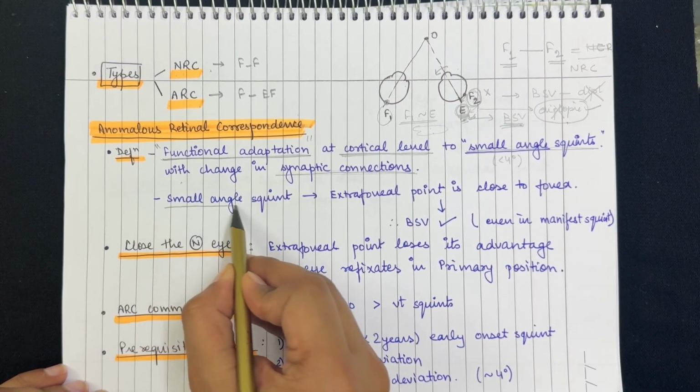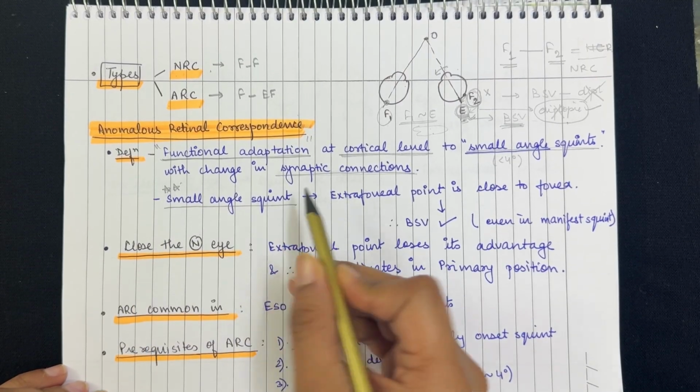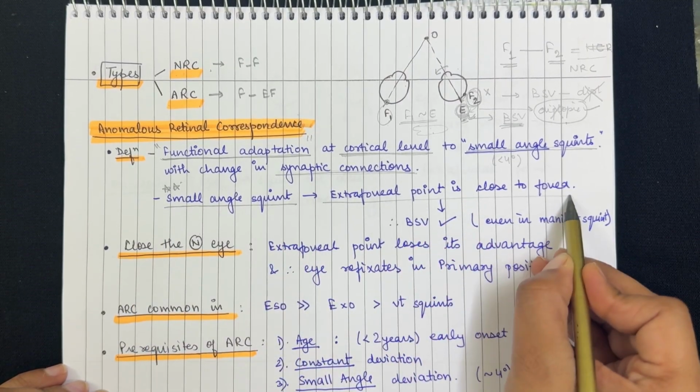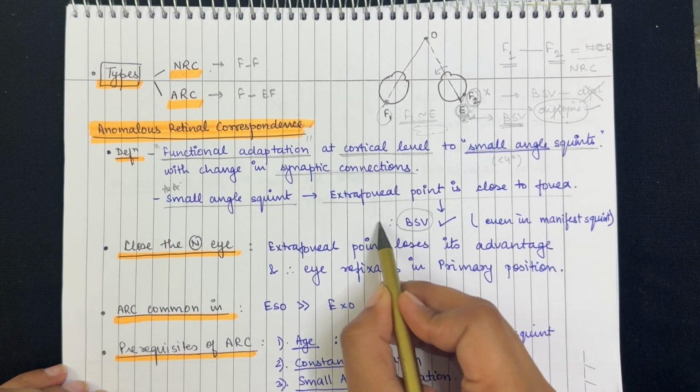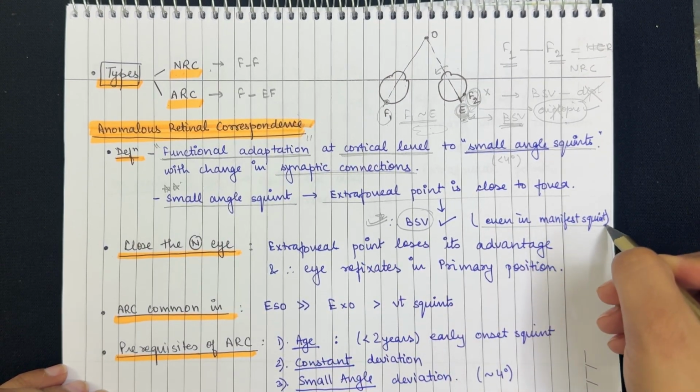This is mainly done for small angle squint. Remember this term, it is very important. The extrafoveal point is close to the fovea, and this is how binocular single vision is maintained even in manifest squint.